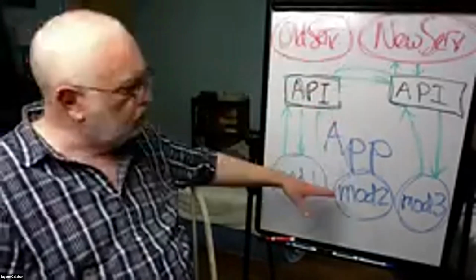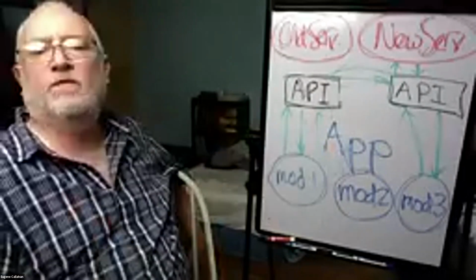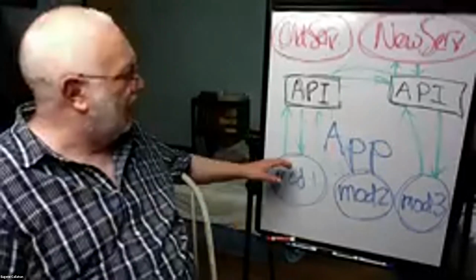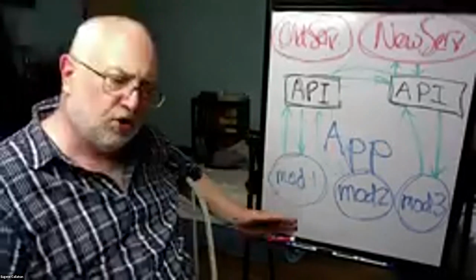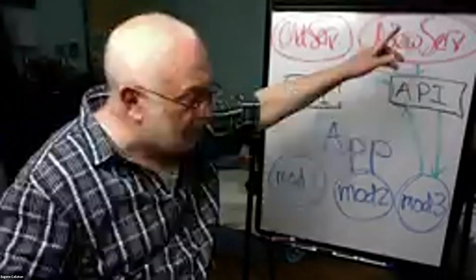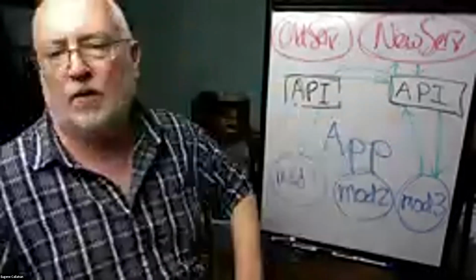Well, now we can go calmly, one at a time through our modules, cut them over when we're not in the middle of a release or something, and have time to focus on just the module we're cutting over, make sure it works. Good, got module 1 done. It's now pointing to the new API. And when we get a chance, we'll go on to module 2 and cut it over.